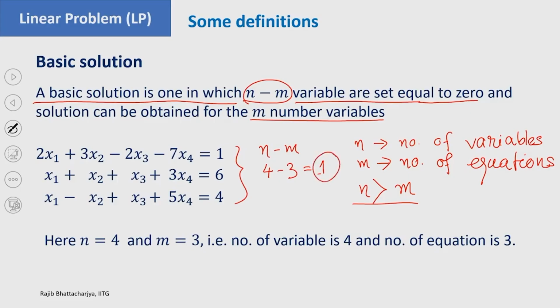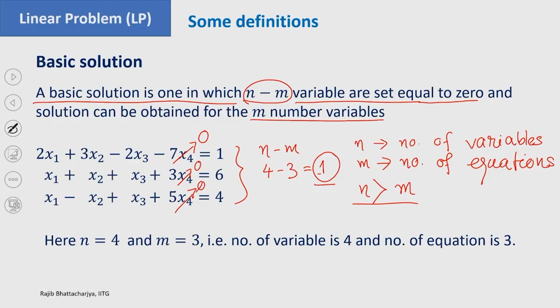So, one variable is set equal to 0 and we will try to find the solution of the problem. You may take any variable. Suppose I say that x4 equal to 0.